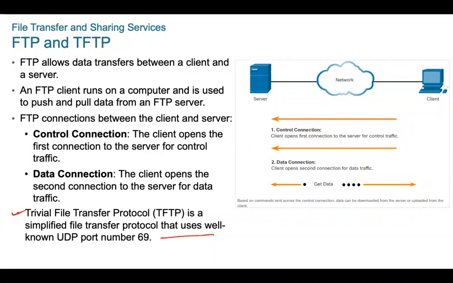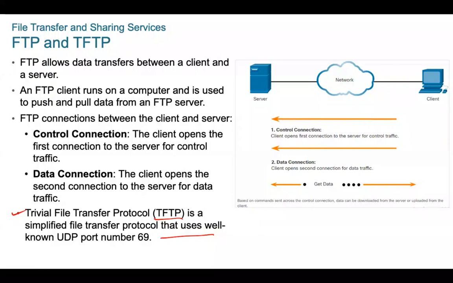So it lacks many of the features of FTP over TCP, that is the pre-handshaking process to establish the connection, and file management operations such as listing, deleting or renaming files. Because of its simplicity, TFTP has very low network overhead and is popular for non-critical file transfer applications.